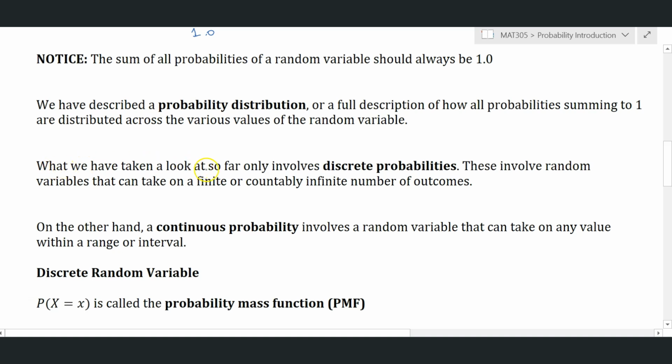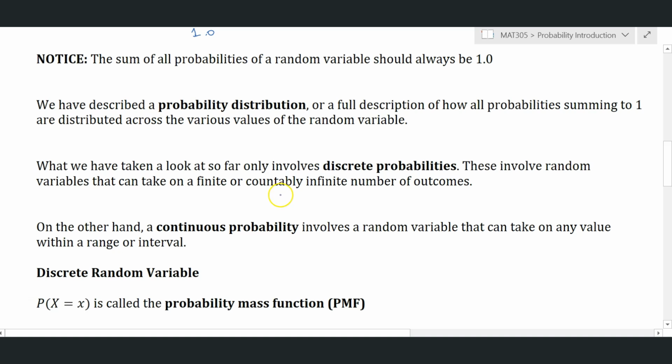So what we've taken a look at so far only involves discrete probabilities. These situations, notice, involve a random variable that can take on a finite number of outcomes. It's also possible that you have a countably infinite number of outcomes. For example, let's say you keep tossing a coin until you get a head. Well, theoretically, you could toss a coin infinitely many times and not get a head.